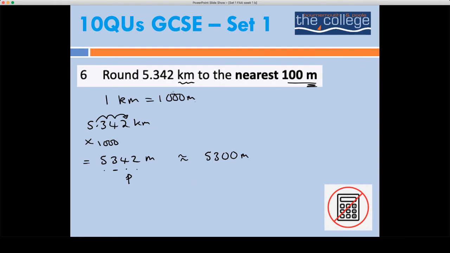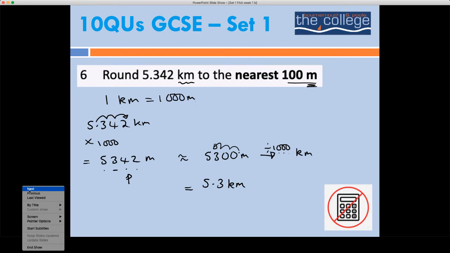Now, because they started out in kilometers, they haven't asked you to put it into kilometers, but it makes sense to go back to what they started. Put it back into kilometers, you need to divide by 1,000. So undo that conversion you did at the start to get to kilometers. So decimal point is here. It will move 1, 2, 3 places because you're dividing by 1,000. You end up with 5.3 kilometers. Okay.